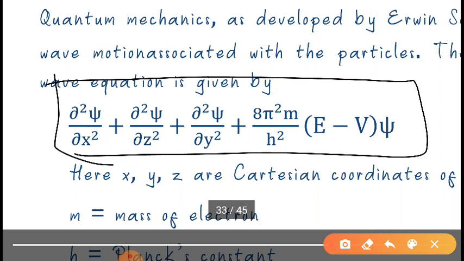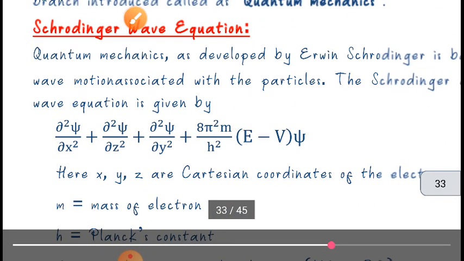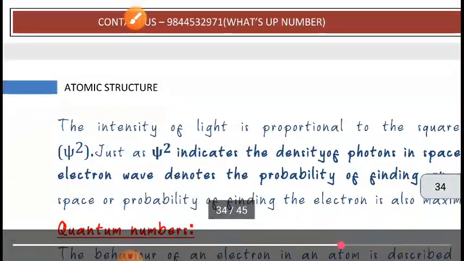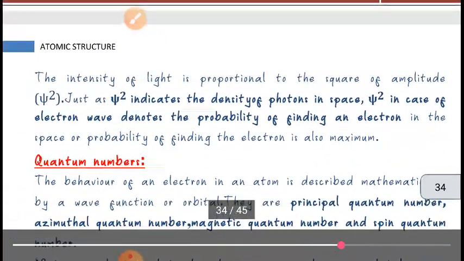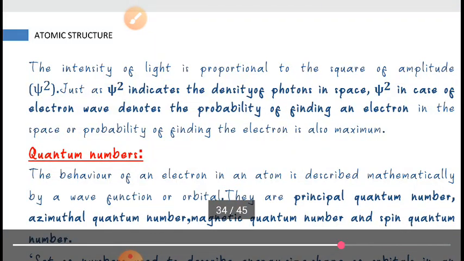Now we will talk about something about this psi. On solving this Schrodinger wave equation, no need to solve or remember this, no one will ask you this equation directly.